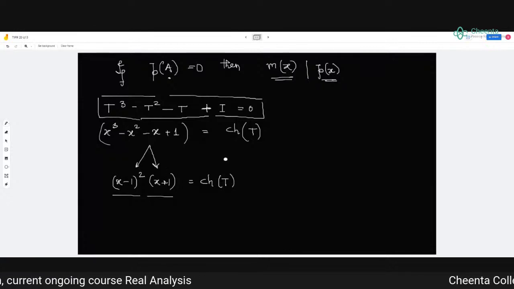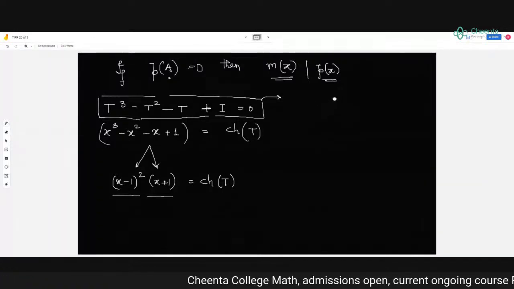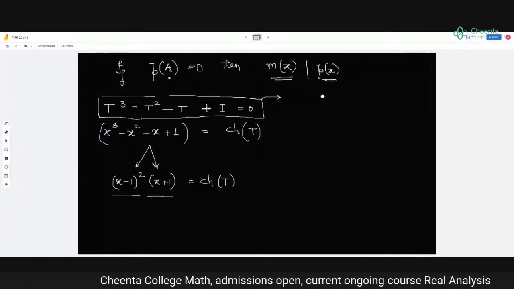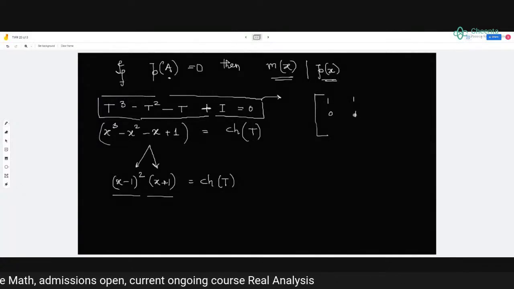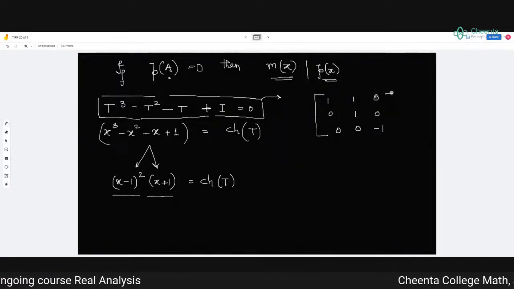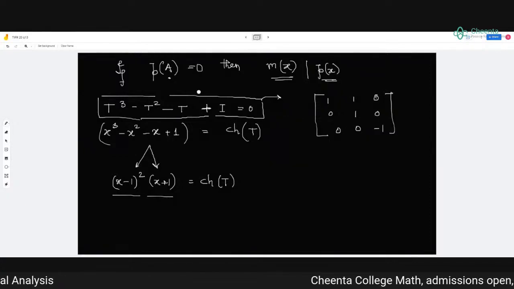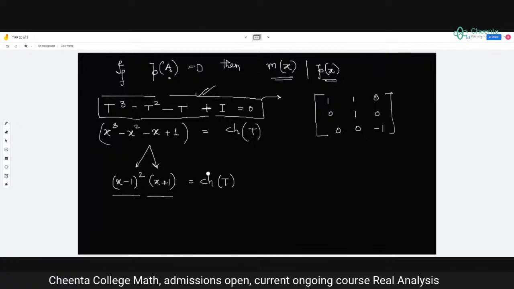So the distinct eigenvalues are 1 and -1 if I take this equation to be my characteristic polynomial. If you're wondering whether I can take it, yes, you can just take this matrix. You will see that the characteristic polynomial is precisely this one.